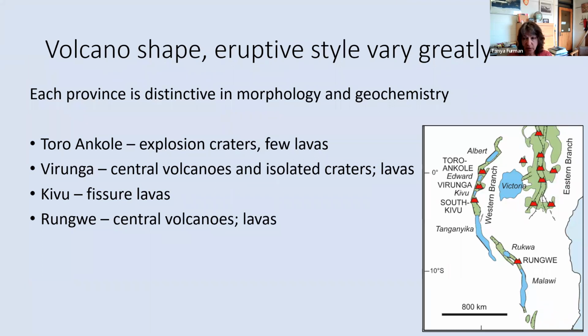So let's look at the volcanoes of the Western Rift. There are 4 individual provinces, and each one is distinctive in the morphology, the shapes of the volcanoes, and the geochemistry. This is an area where the British colonial folks came and did a whole lot of sampling and a whole lot of research, and they came up with so many different names for all of the different lava types.